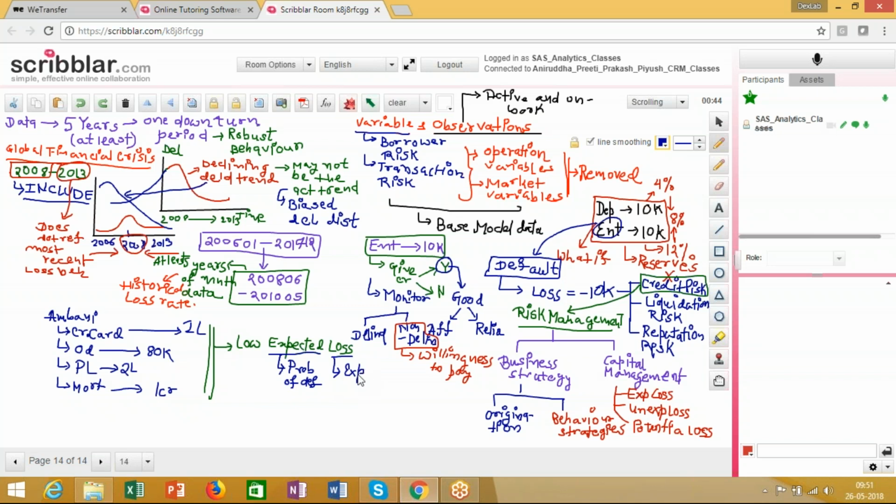The amount of balance which is outstanding at the time of default is known as the exposure at default, or the famous EAD that we talk about.